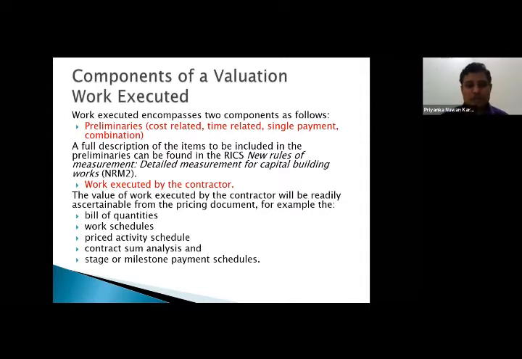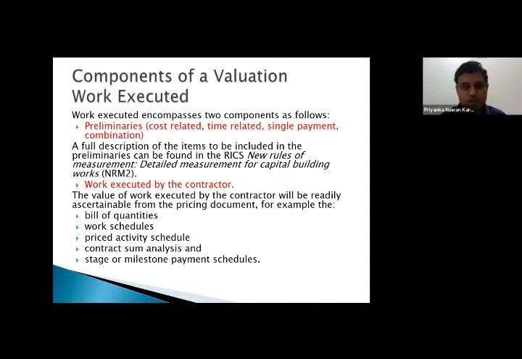Then stage or milestone payment schedules. This is also another way of motivating the contractor in order to finish one part of a work and go home with the correct amount related to that one. This motivates the contractor in order to expedite the work, right?